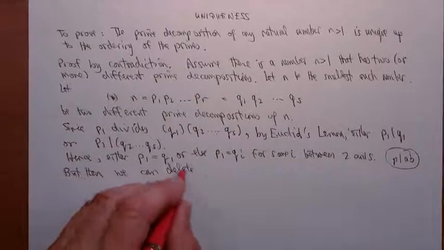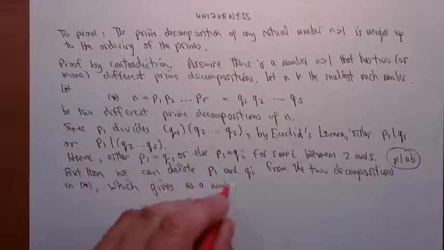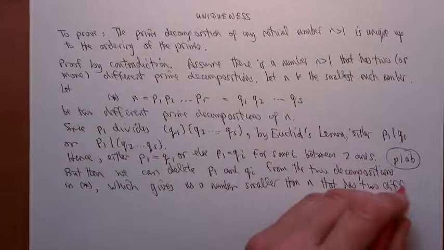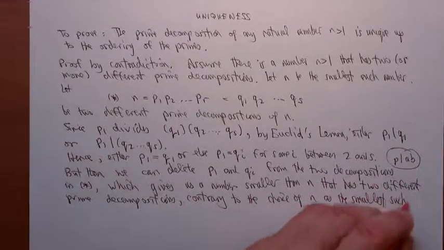But then we can delete p1 and qi from the two decompositions in star, which gives us a number smaller than n that has two different prime decompositions, contrary to the choice of n as the smallest such.